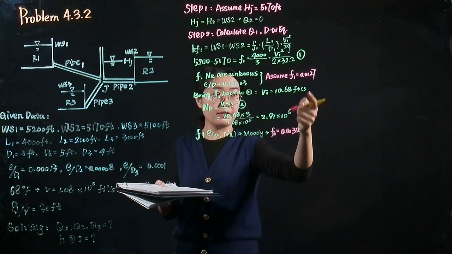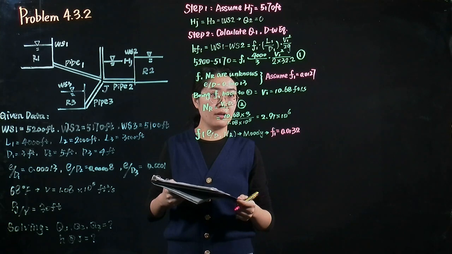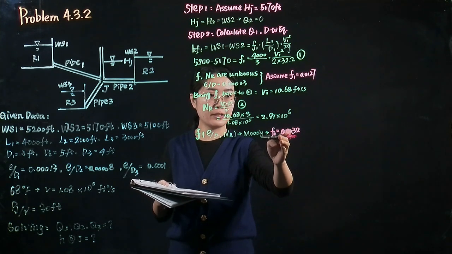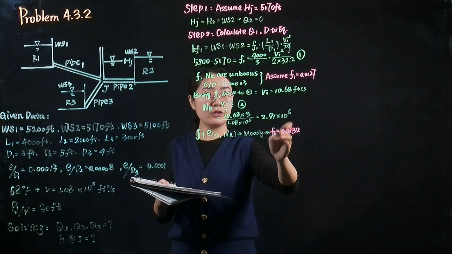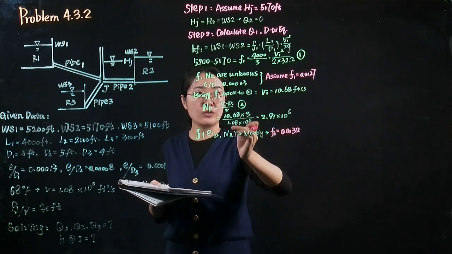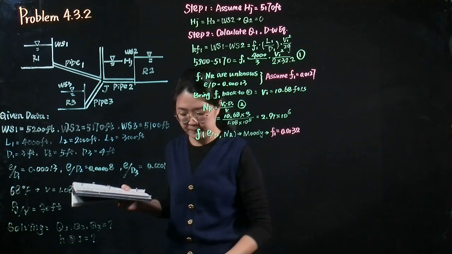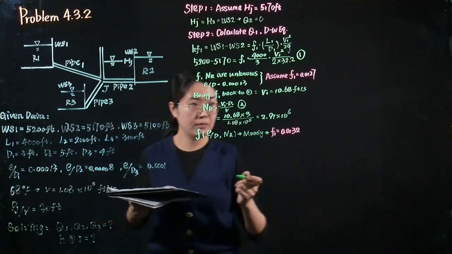Because this value is different from our assumption, we need to bring the new friction factor back to equations 1 and 2 to update the velocity and the Reynolds number.